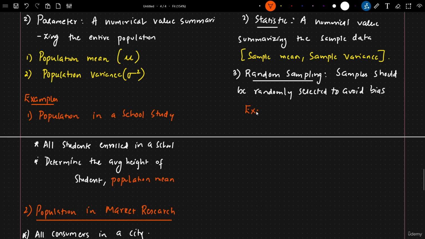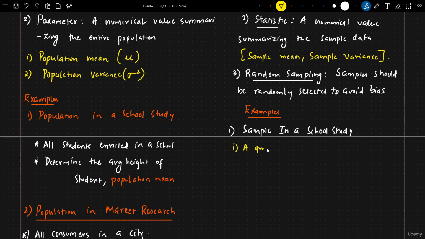With respect to the examples, the first one is a sample study, or a sample in a school study. What kind of use cases can I solve here?